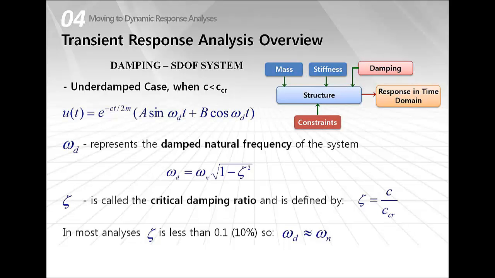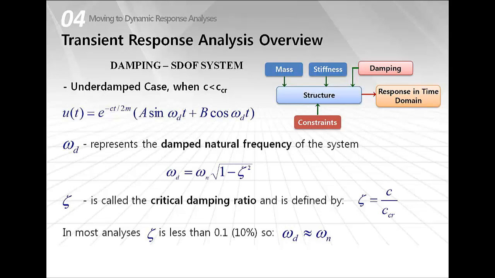But anyway, we can ask the question, for example, what level of damping should we use for our models? This is a very rough rule of thumb using critical damping ratio. For composite structures, we can use 3 to 10% of critical ratio.